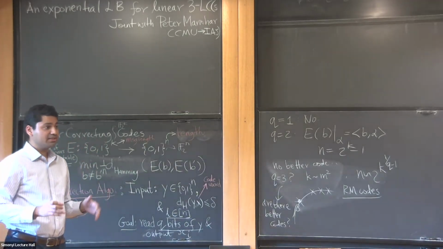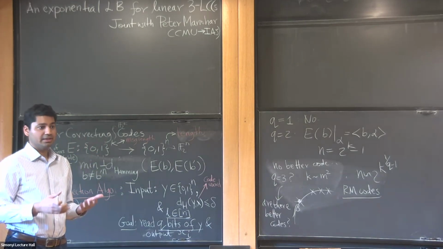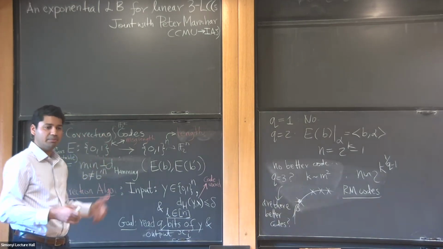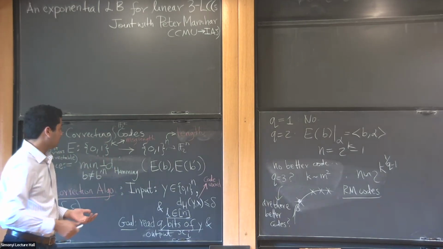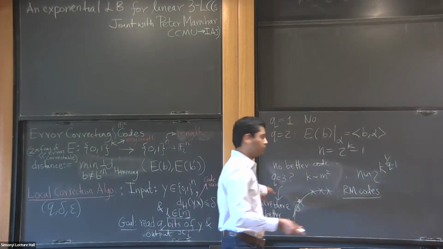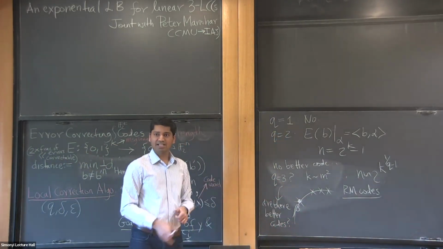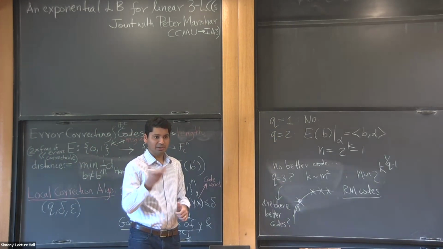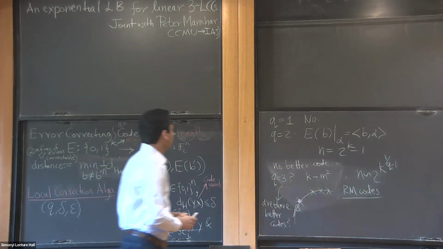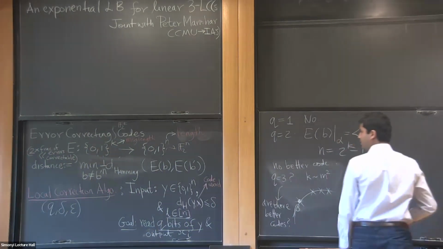And in some sense, the punchline at the top is that these concepts are really different. So one consequence of this result would be that these things are very different. But I'm going to explain what this slightly weaker condition is, and then come back to the question of are there better codes. It's very nice because Klim is on the call, and this will allow me to reference a very cool result of Klim.